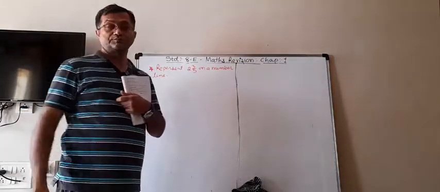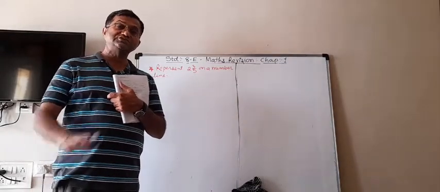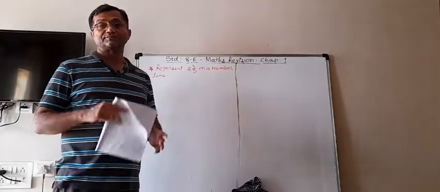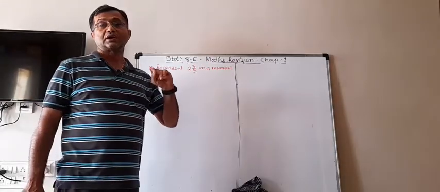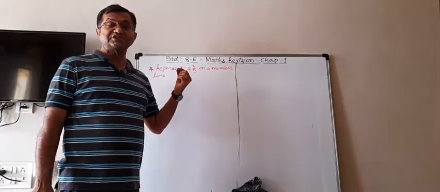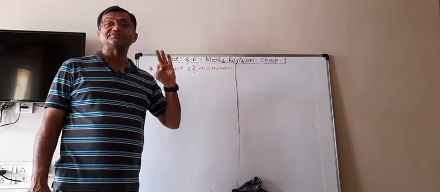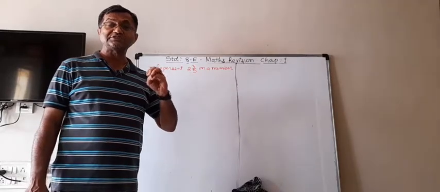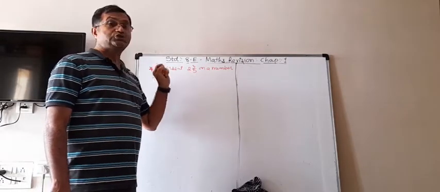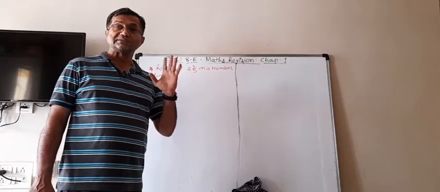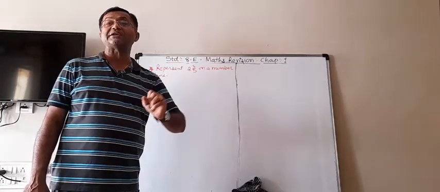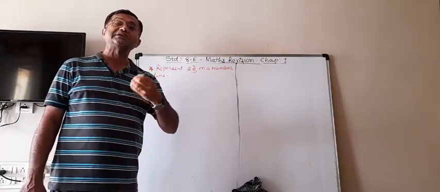We start from 0, and between 0 and 1, 1 and 2, 2 and 3, we make equal parts as in the denominator, and then we take the total parts given in the numerator. But if a number is a mixed number, you need not start from 0. In a mixed number, check which is the integer part and which is the fractional part. Here the number is 2 integer 3/5. It means that the number lies between 2 and 3 only. So we can take a limited part of the number line and represent it like that.